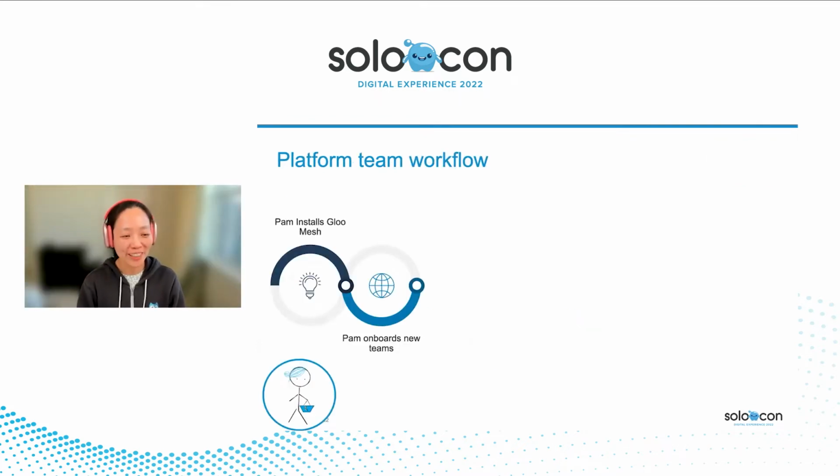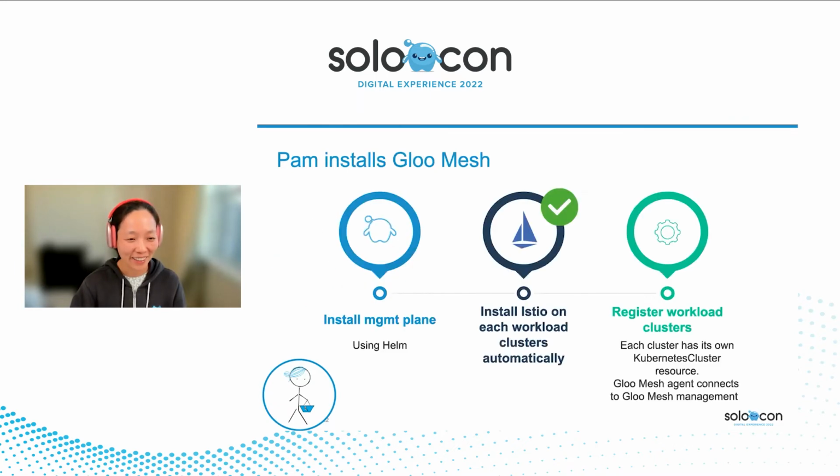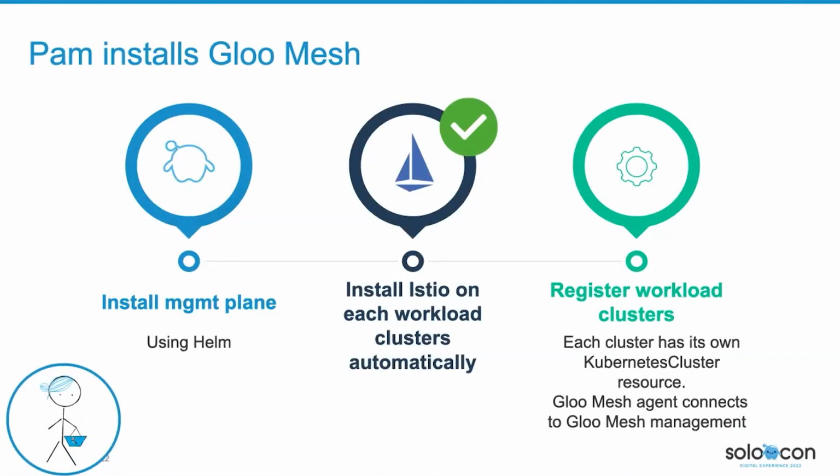So the platform team, as Pam comes in, she's going to need to set up Gloo Mesh first, and then she can start onboarding her teams. Pam can install the Gloo Mesh management plane first, typically using Helm in the production environment.